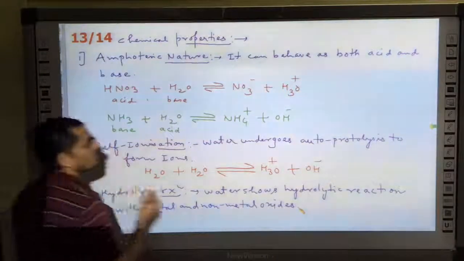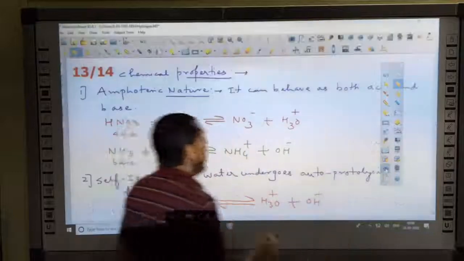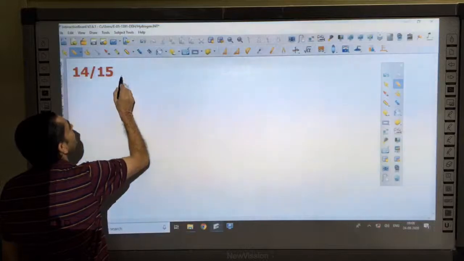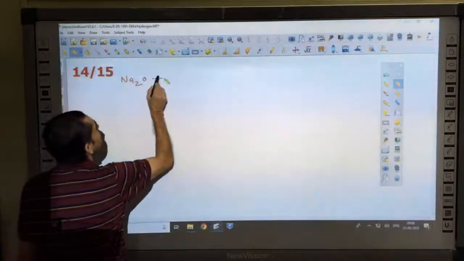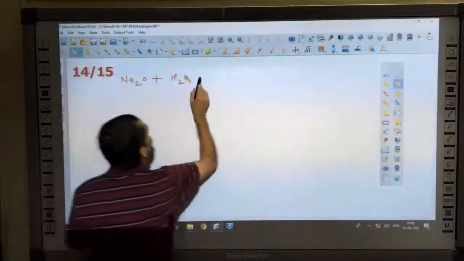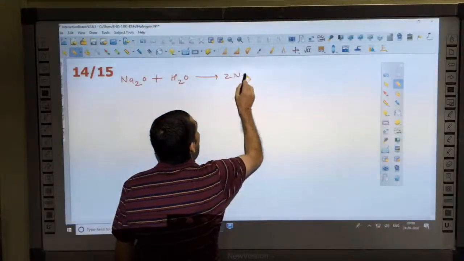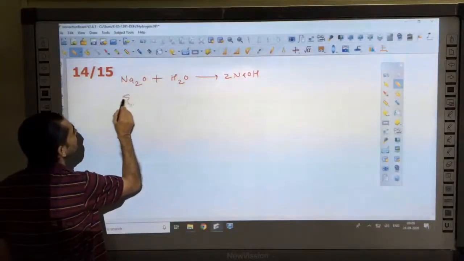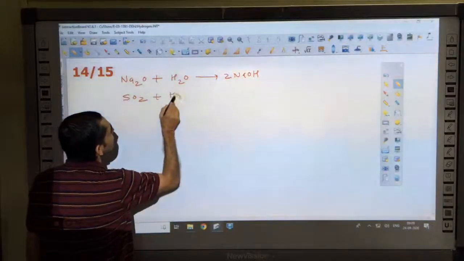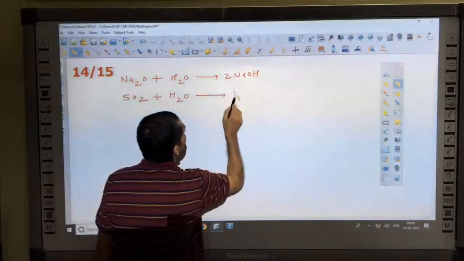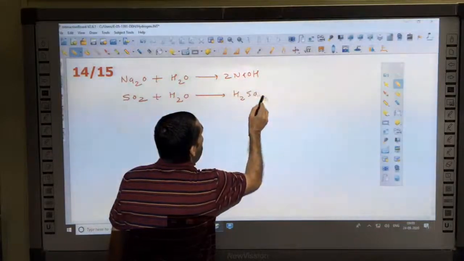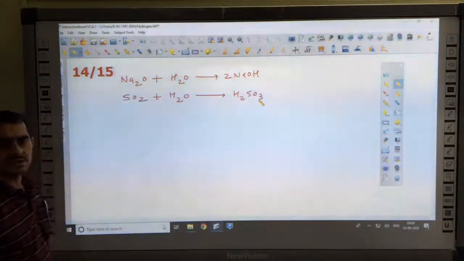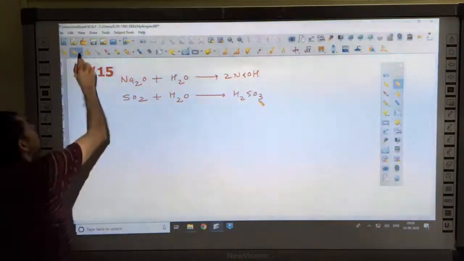Let us see how. This is the reaction. You are reacting a metal oxide Na2O with water. This is converting into what? 2NaOH. Yes or no? Similarly, you are reacting a non-metal oxide with water. It is converting into acid, H2SO3. So it is showing hydrolytic reaction. Clear? This was reaction number 3.